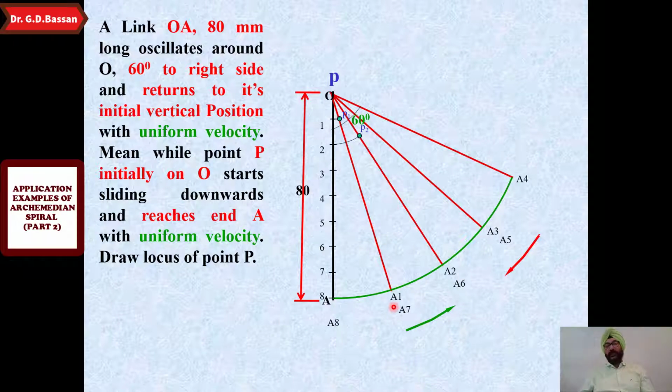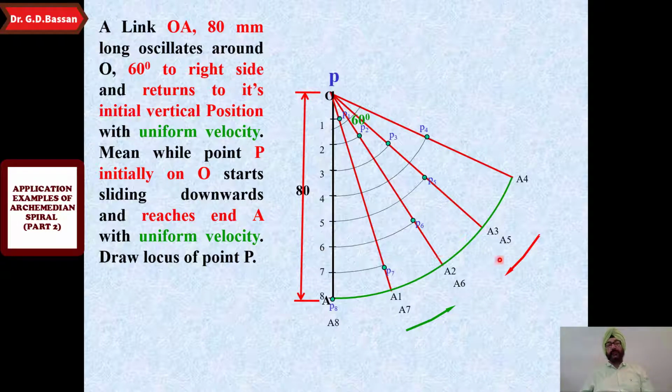Same thing we repeat for all the points of the oscillating link and give the numbering accordingly. So here we get point P3, and P4 will be at the extreme link position, that is A4. Again coming back in the clockwise direction, we get P5, P6 on OA6, P7 on OA7, and the last point will be on the A point, the extreme end point of A, that is P8.